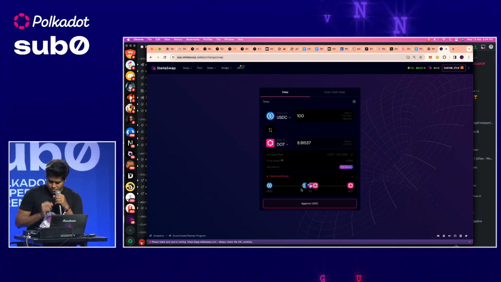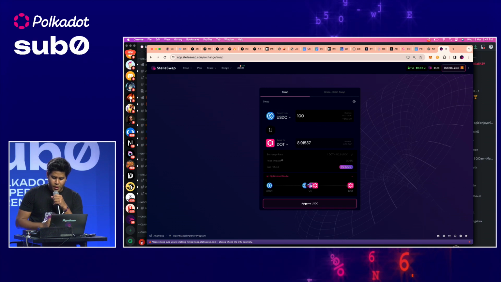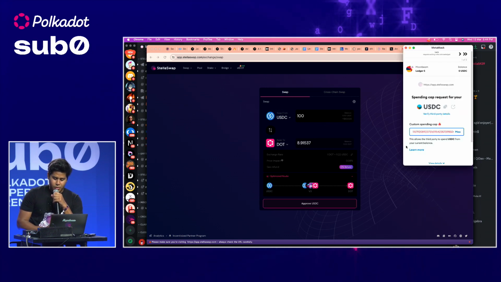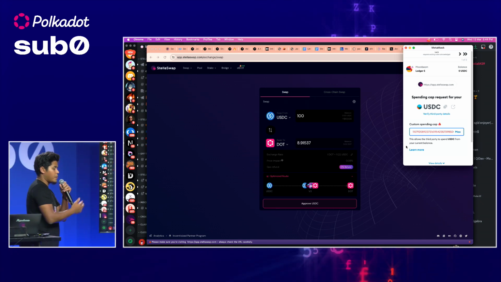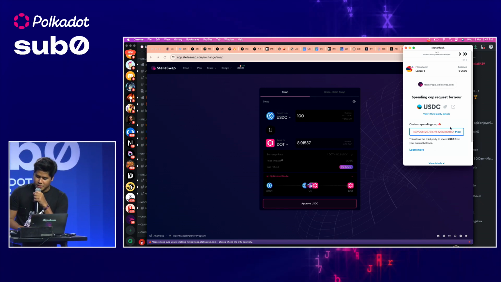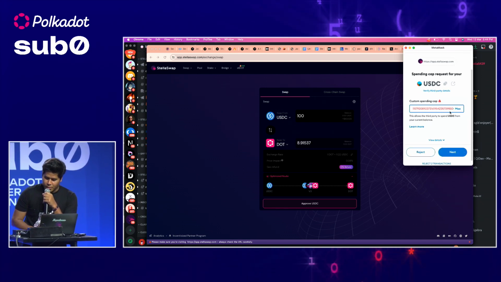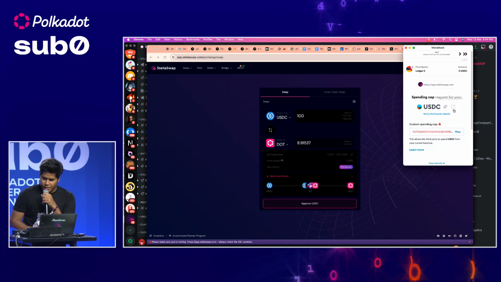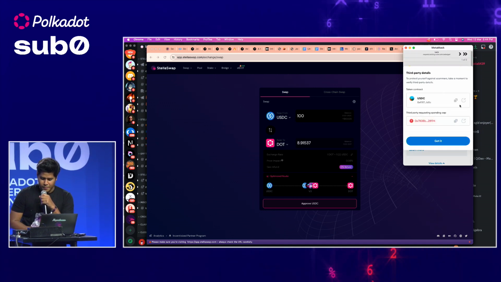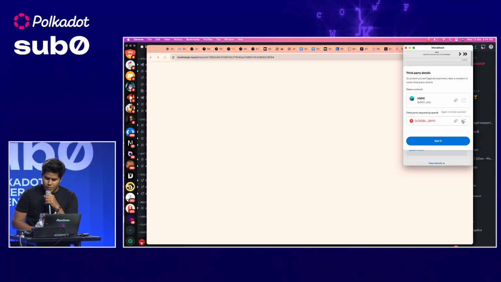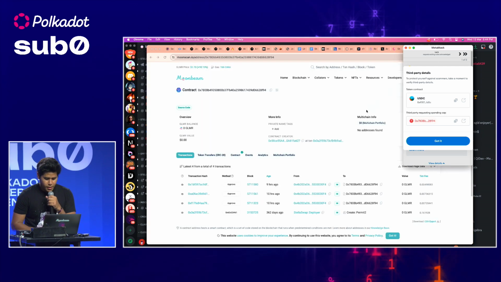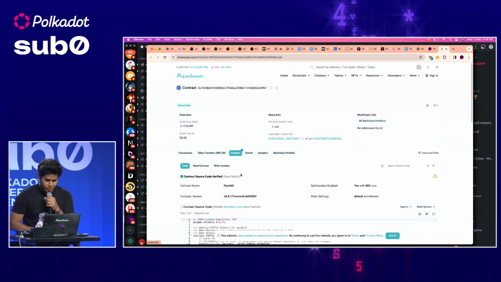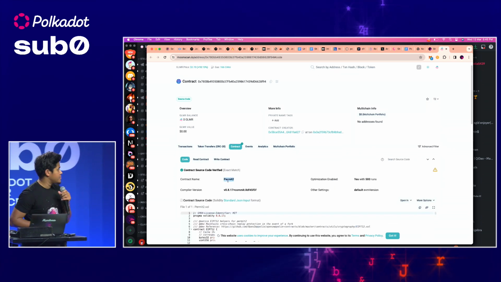So that is where the trade router does its work and displays the most efficient trade routing. And then this is the approval function that a user clicks as part of the Permit 2 tool, where they have to approve this. This is on Moonbeam EVM, where the Permit 2 contract is.